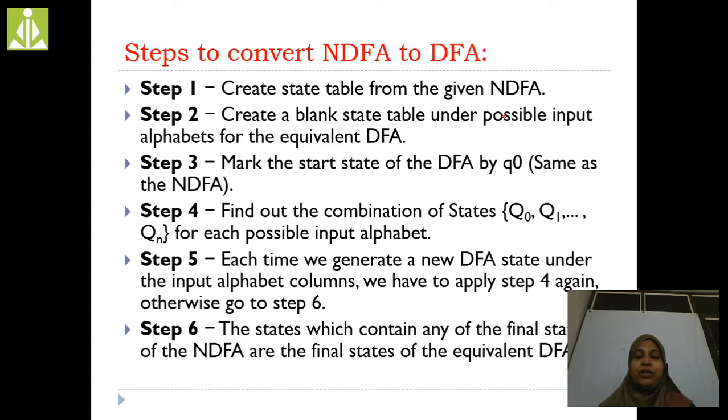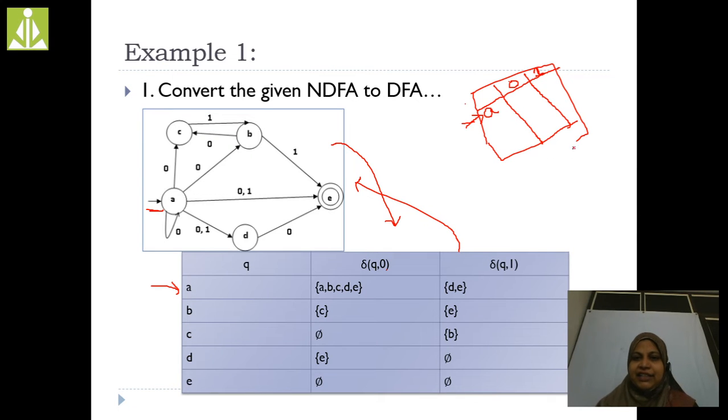We have to find out the possible states, and the combination of states we have to write. Then here we have to complete this transition, A on 0, A on 1.